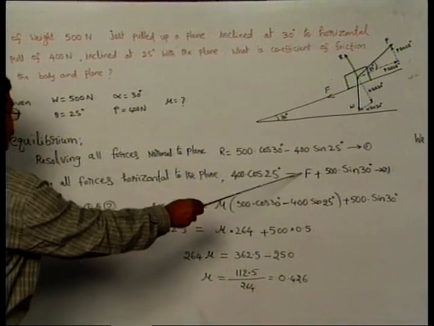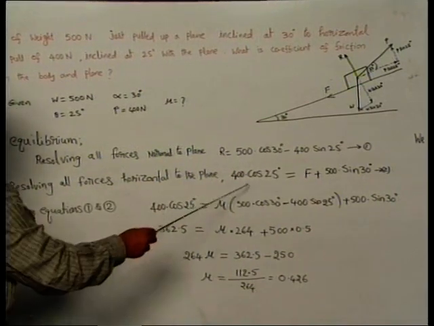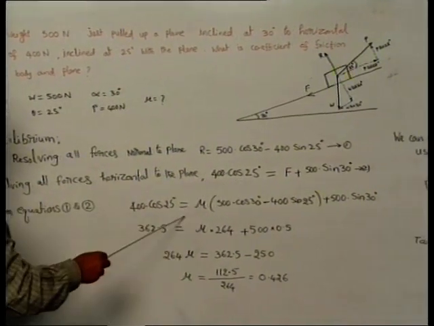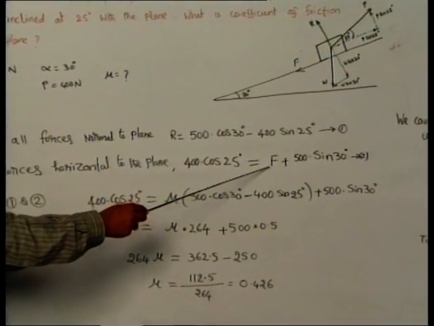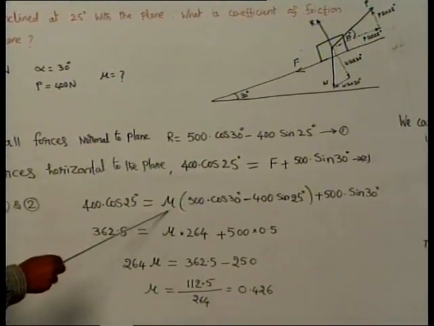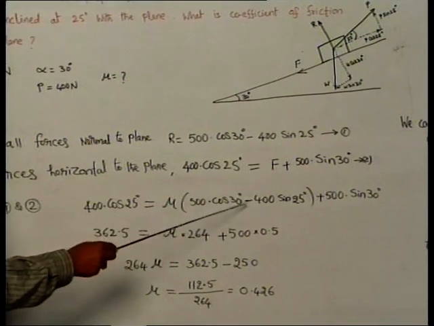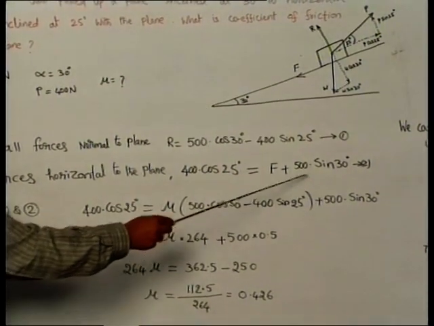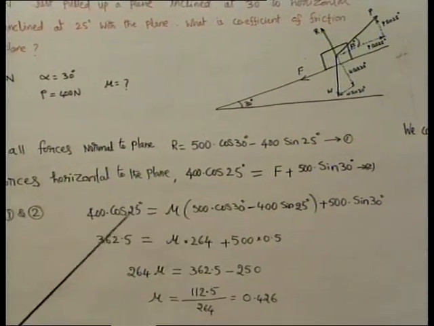From both the equations combining together, 400 cos 25 is equal to, instead of F I can write mu R, that is mu into, instead of R I can substitute this, plus 500 sin 30.